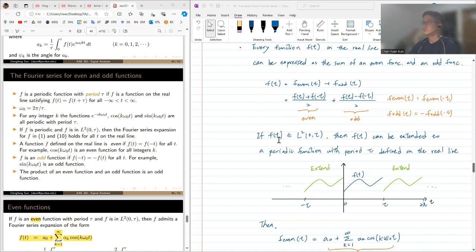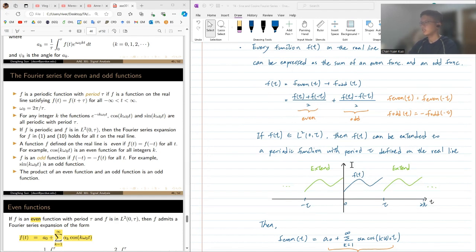Now, if you have a function in the Lebesgue space, then this function is only defined on the interval from 0 to tau, but it can be extended to a periodic function with period tau defined on the real line. So for example, here we have a function f of t in the Lebesgue space, and you can see that this function is only defined on the interval from 0 to tau.